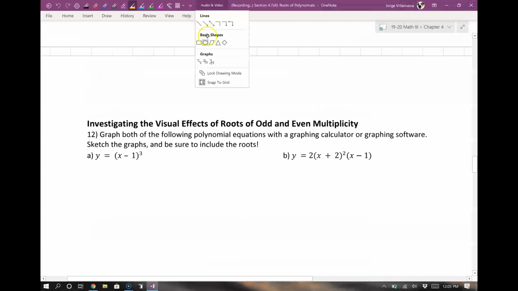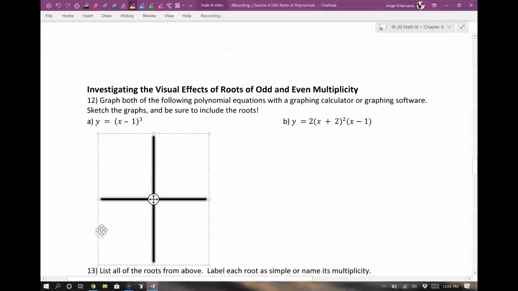I'm just going to get a quick chart, something small, and put a mark here and a mark there. And the graph goes like this and like that.